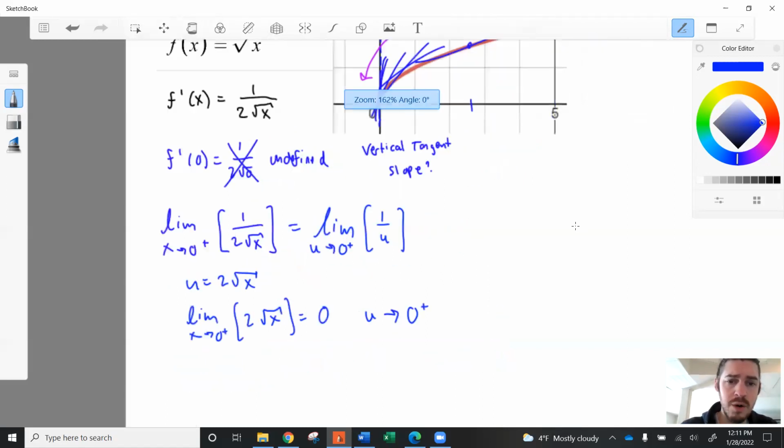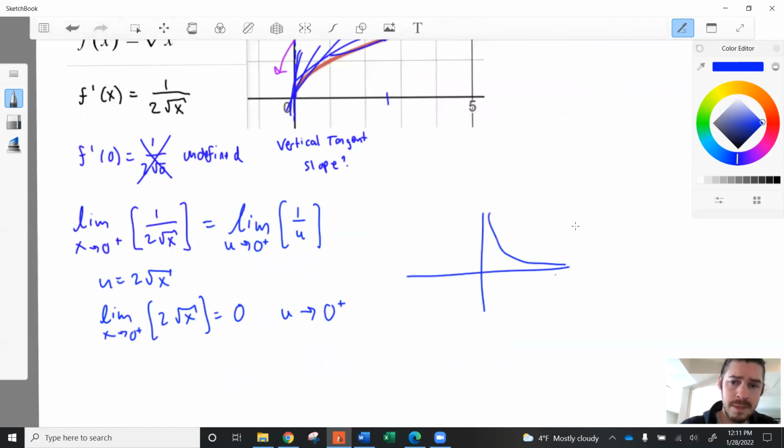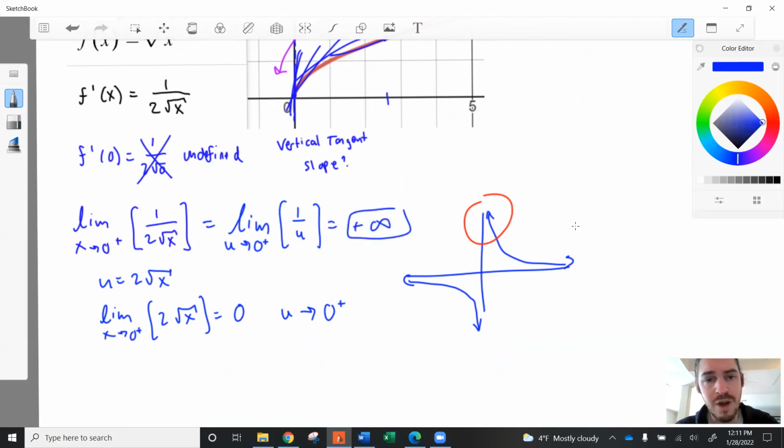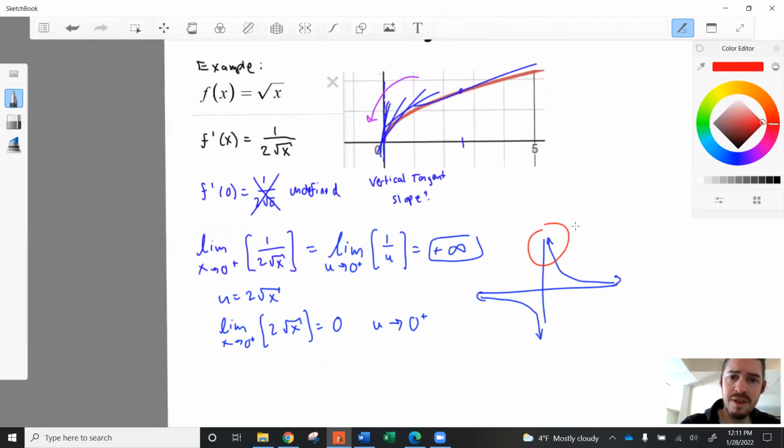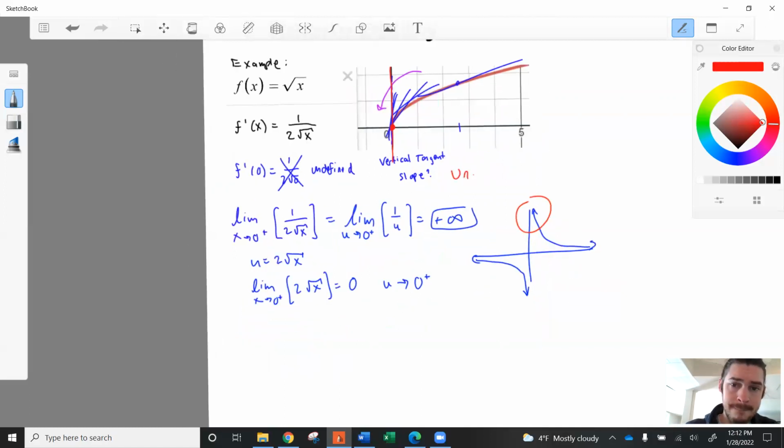And that's something we know about. Here's the 1 over u function. And we're talking about this part. So this is equal to positive infinity, right? It is indeed undefined, but it's positive infinity. And so that's what's happening right there. At this x value of 0, where we have a vertical tangent line, we have an undefined slope, because the slope is approaching positive infinity.